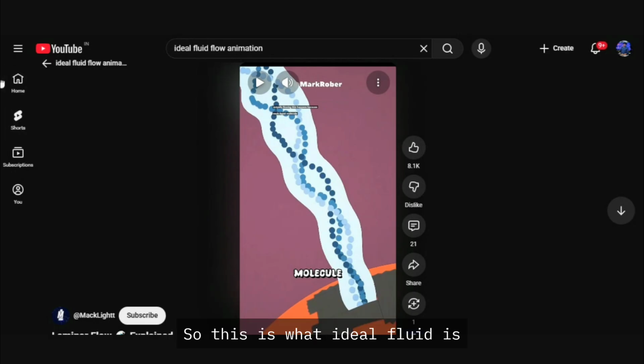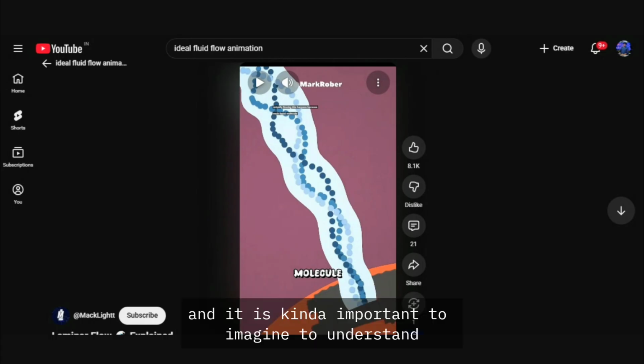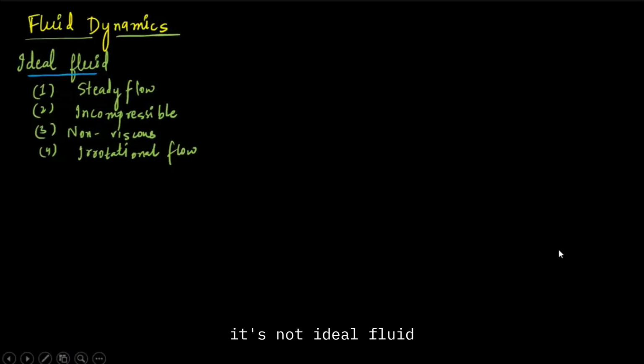So this is what an ideal fluid is, and it is important to imagine how an ideal fluid actually looks. So I hope you are able to imagine how the flow actually looks. Although in everyday life, we don't actually observe such flow, because most of the fluids we deal with are not ideal fluids.